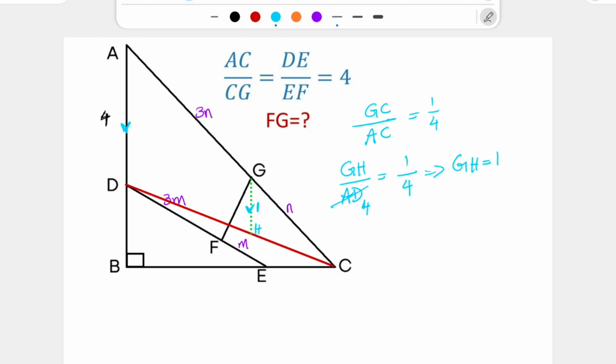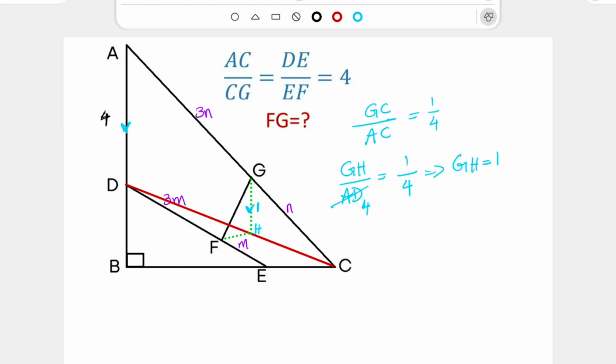So we found GH. Now we will need to apply the theorem one more time to find FH and then use the Pythagorean theorem to find FG. So I'm going to draw another line from here to here. HF is the new line that I drew.